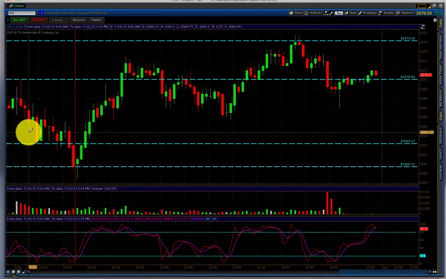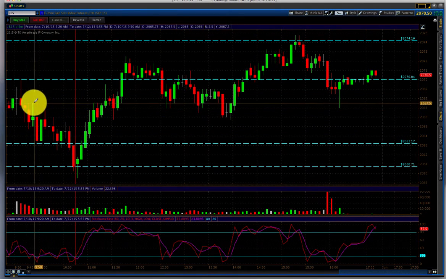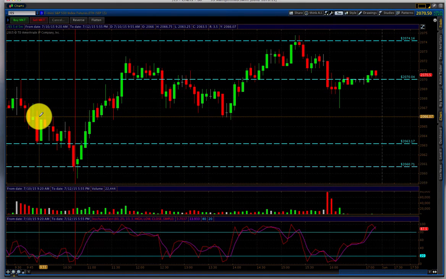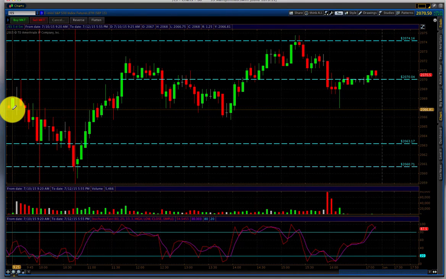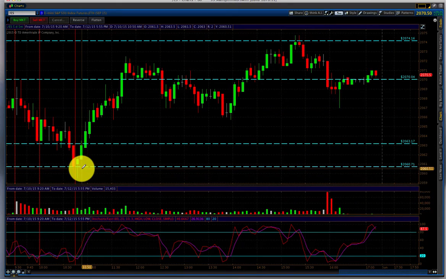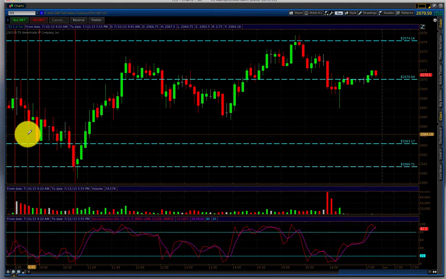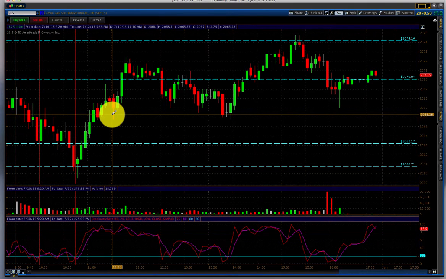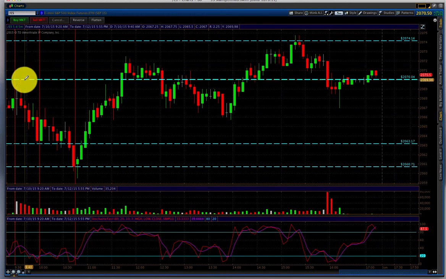So notice here's that opening. I'll frame out the first half hour. So there's the first half hour trading. The open 9:30 to 10. We have this box, this 2070 level, which was wick resistance here.